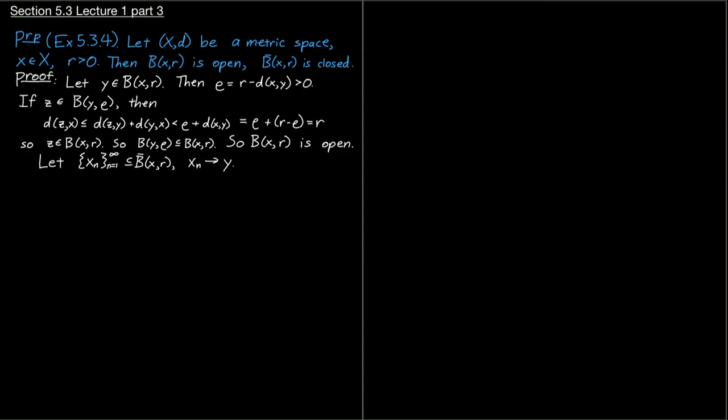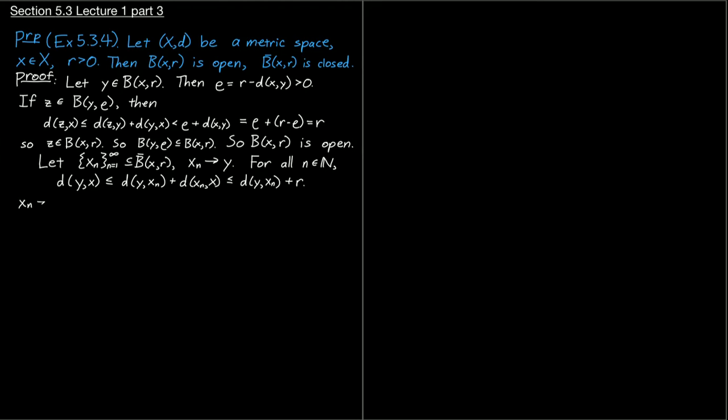And then for any natural number n, the distance from y to x is less than or equal to the distance from y to x_n plus the distance from x_n to x. Let's leave this first one alone, but the distance from x_n to x is less than or equal to r.